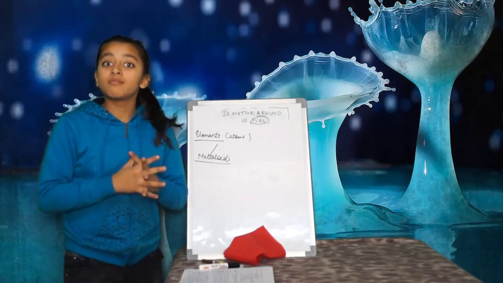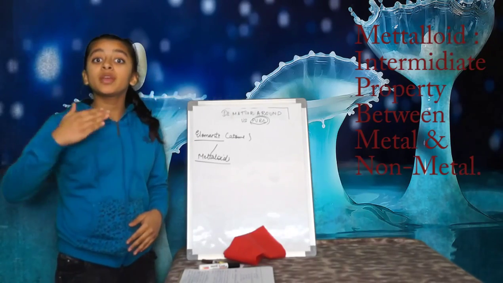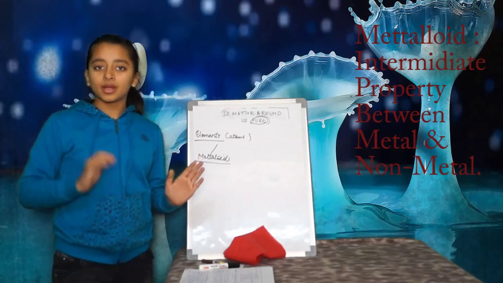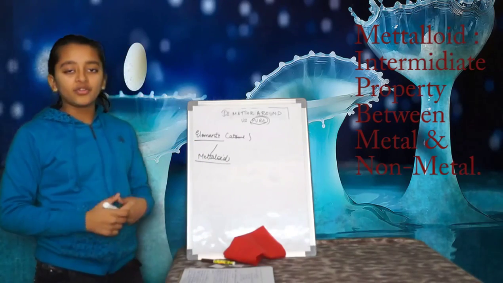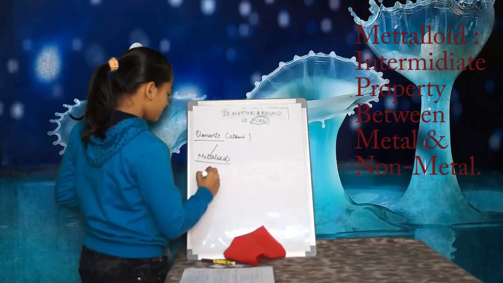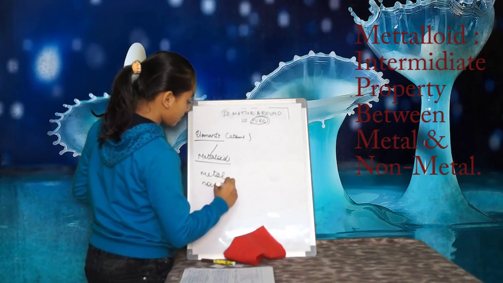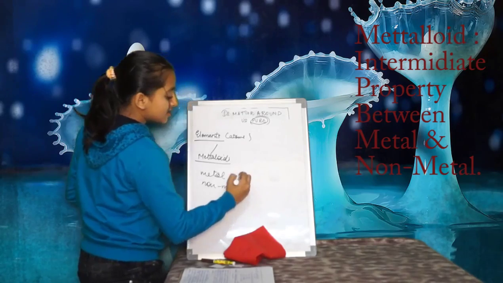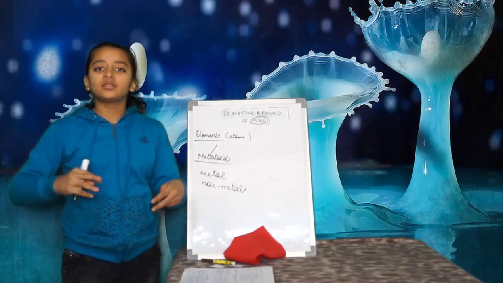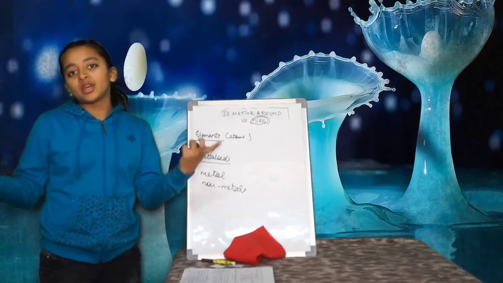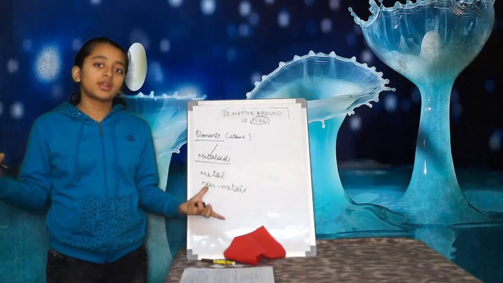And talking about the metalloids, they have intermediate properties between both metals and non-metals. That means that it can have the property of either metals or non-metals. The same goes for that property, that it can lose an electron or it can gain an electron, depending upon its nature or its type.